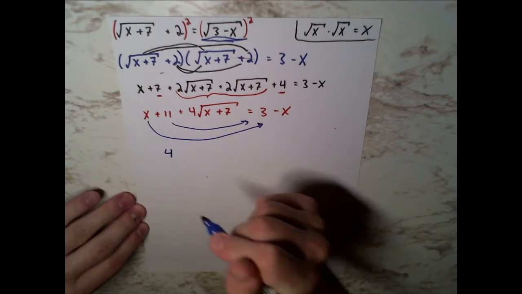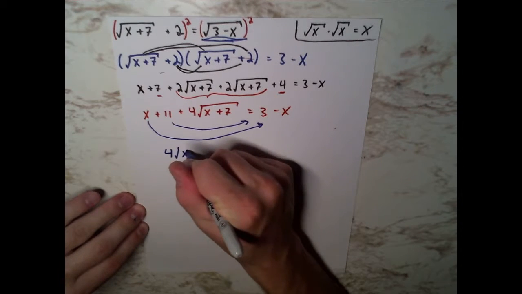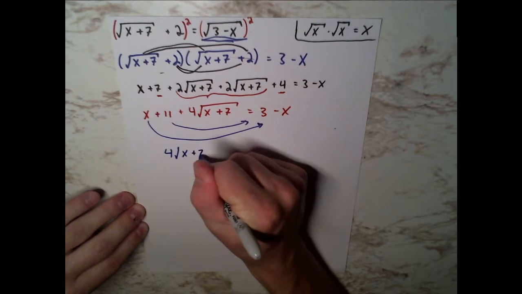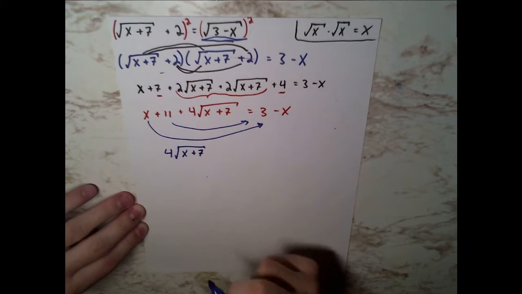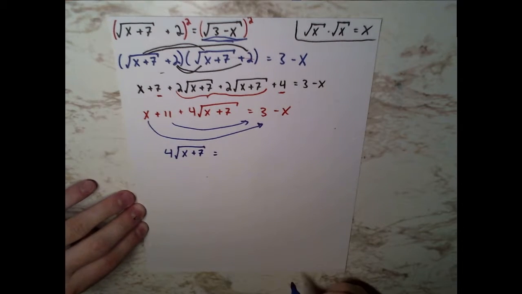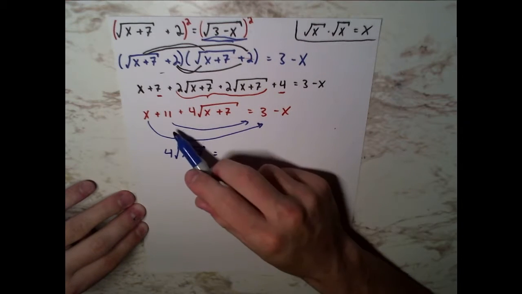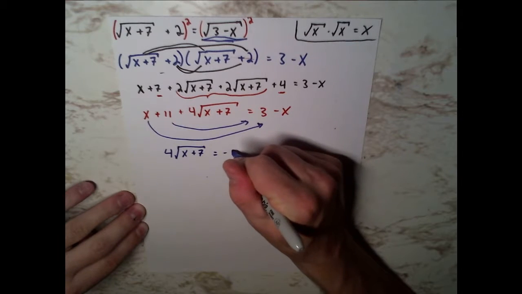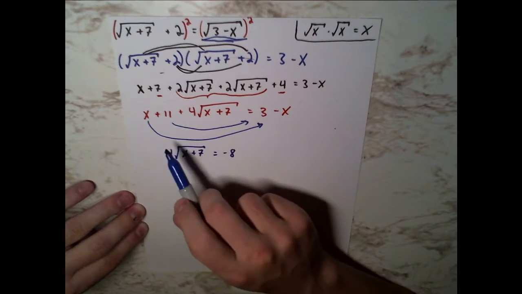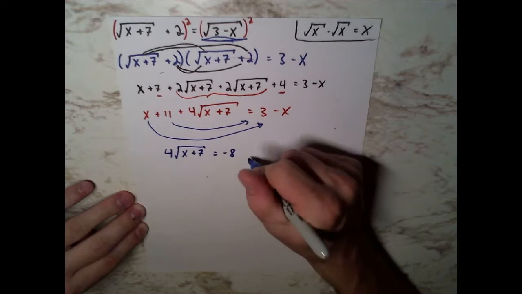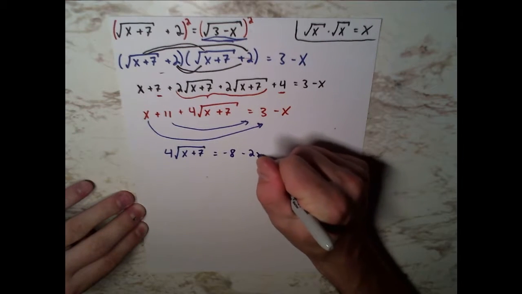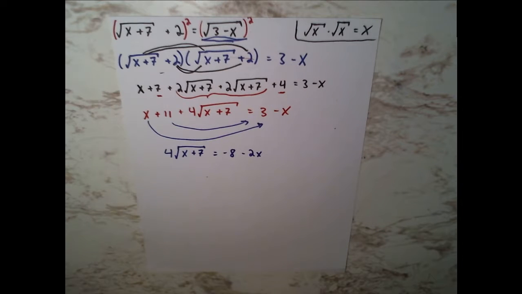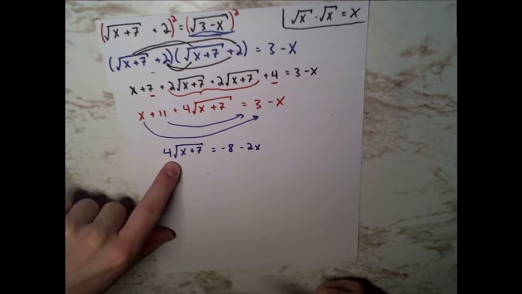So what we're left over with is 4 times the square root of x plus 7, and this is going to be equal to 3 minus 11, so that's negative 8, and then negative x minus x, which is negative 2x. So we're starting to look better, and we want to get rid of this root.